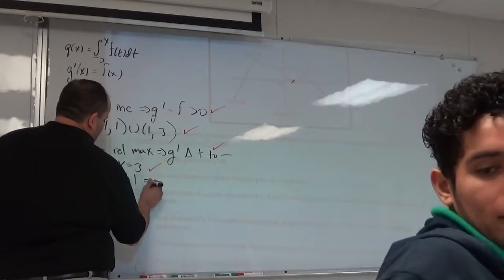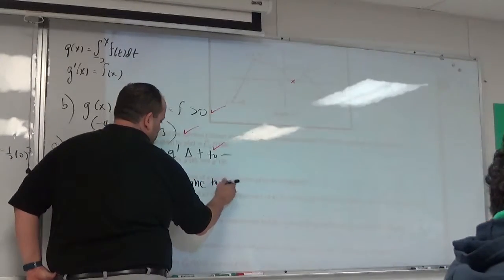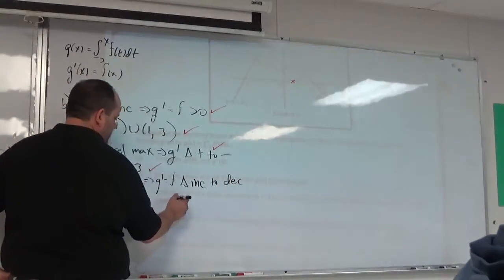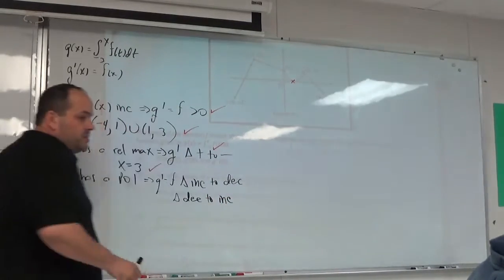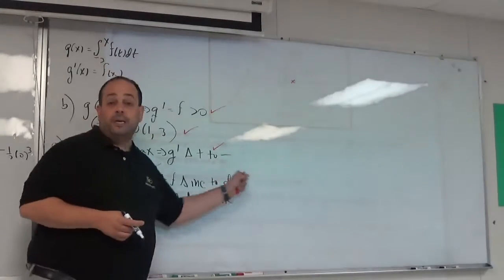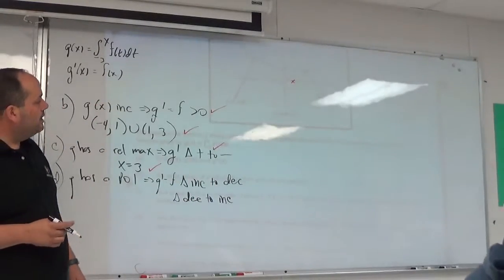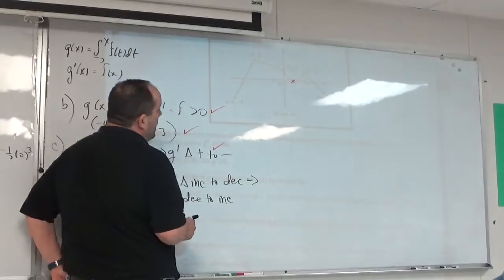Yeah. G has a POI. That means that g prime, which is equal to f, has to change from increasing to decreasing, or from decreasing to increasing. Jesus, how are we feeling about this? Where does g prime, which is f, change from increasing to decreasing? I think x equals -3.